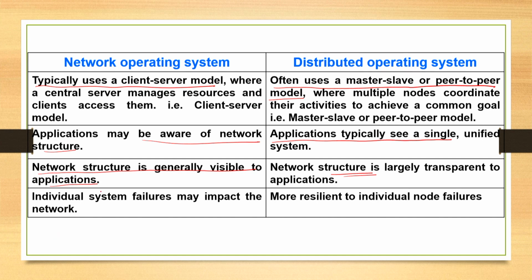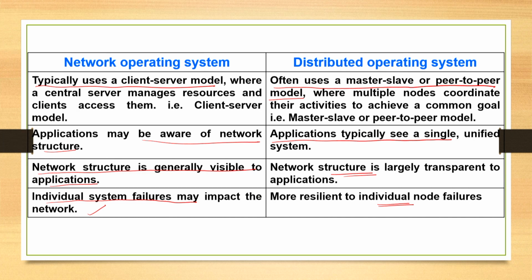If some system fails in the network operating system, it may impact the network, but it is not so in the case of distributed, because that job will be taken by the other systems present in the network.